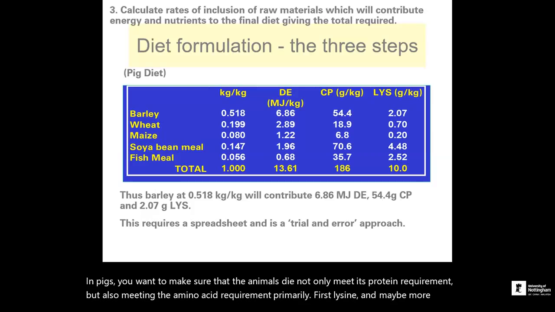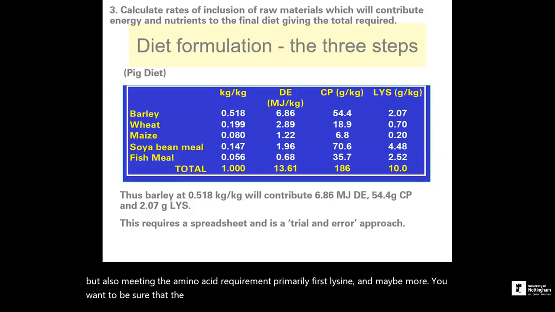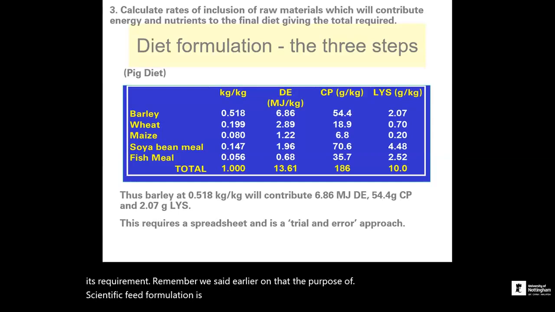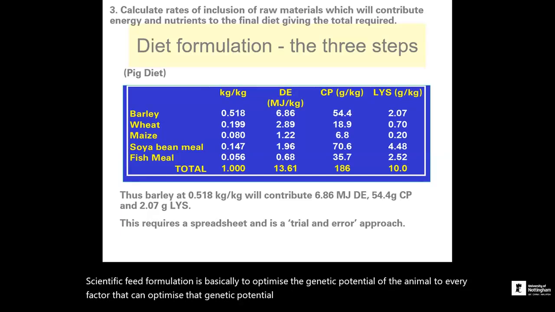You want to be sure that the animal has enough calcium, phosphorus, and other minerals to meet its requirement. Remember, we said earlier on that the purpose of scientific feed formulation is basically to optimize the genetic potential of the animal. So every factor that can optimize that genetic potential has to be considered.